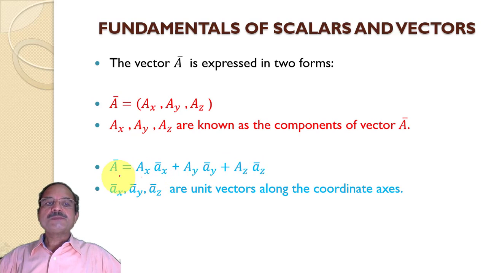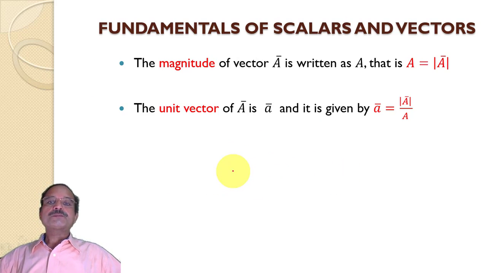If we are using a three-dimensional coordinate system, then ax is the component of A in the x direction, ay is the component of A in the y direction, and az is the component of A in the z direction, where a_x, a_y, and a_z are the unit vectors which represent the directions along those respective coordinate axes.